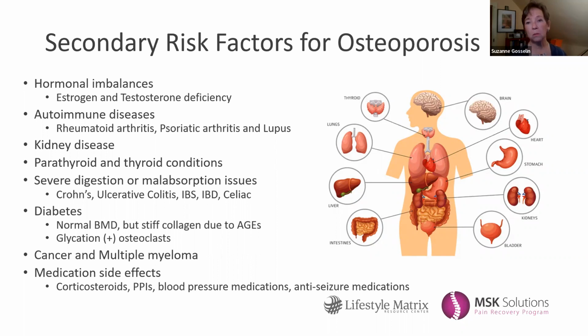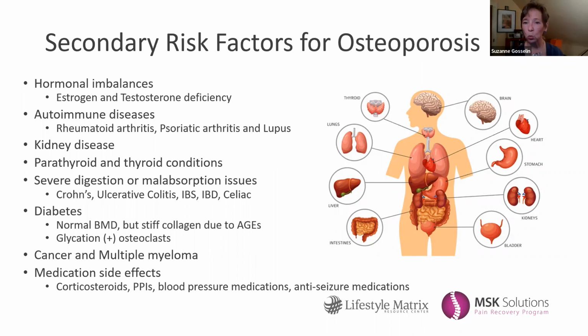And then also in cases of chronic inflammation that are manifested in a lot of autoimmune diseases, whether that be rheumatoid or psoriatic arthritis or Sjogren's or lupus or celiac. Kidney disease is going to affect our bone health because of most likely interacting with our vitamin D and our calcium levels. Parathyroid and thyroid conditions will also impact not only, for example, thyroid conditions themselves, but also the medication that is necessary for individuals who have hyper or hypothyroid conditions.